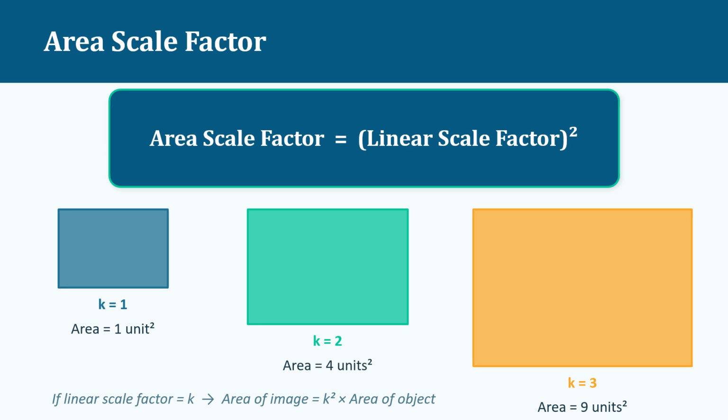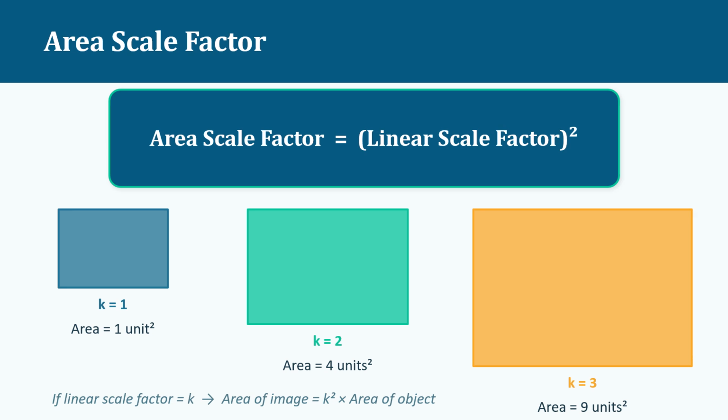However, an interesting concept has also been observed under this circumstance. The new area is 4 units square. The original area, or the area of the first square, is 1 unit square.